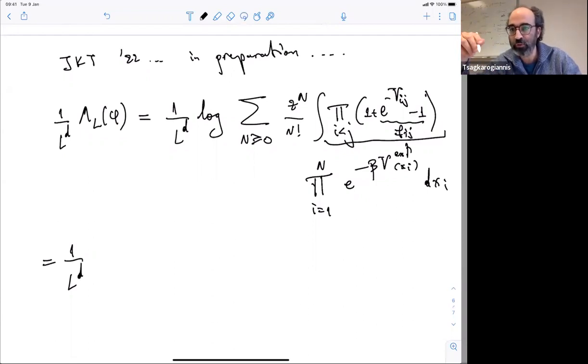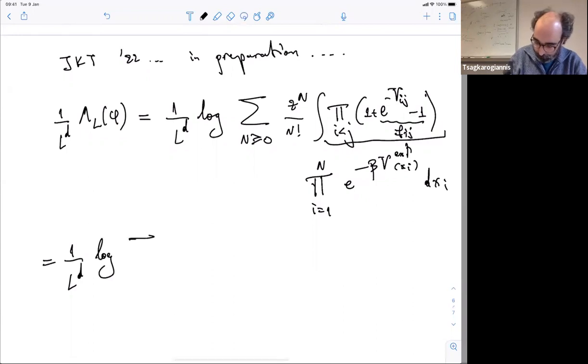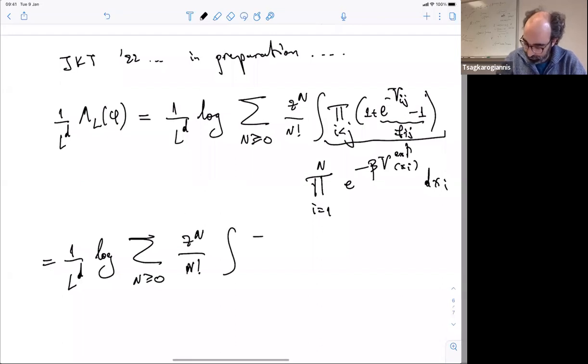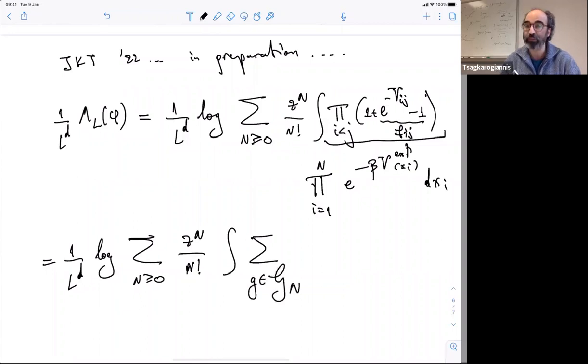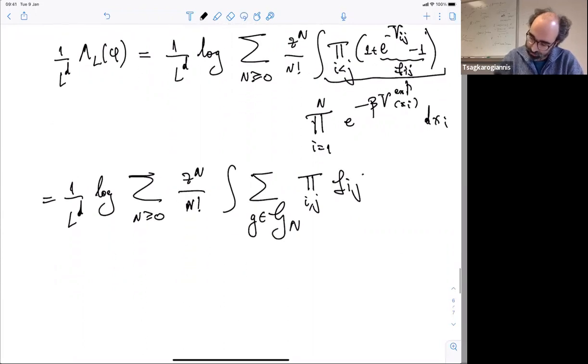And it is not difficult to discover that this is one-to-one with the sum over all graphs on n vertices of the product over ij, the links, of F_ij, and they don't write the measure. The measure is the product measure. So this gave me this.